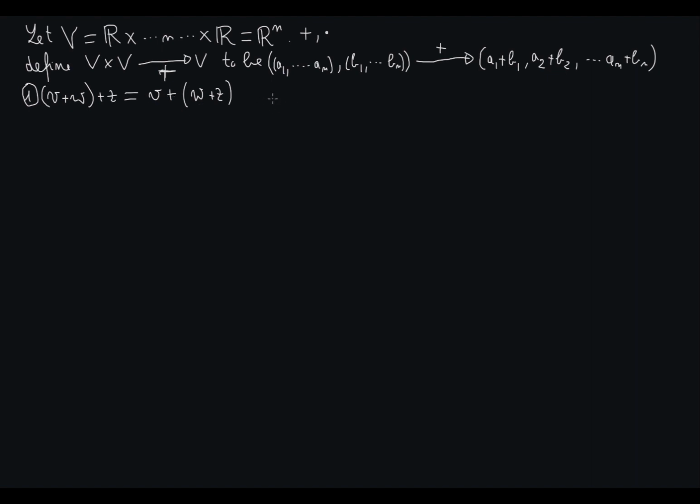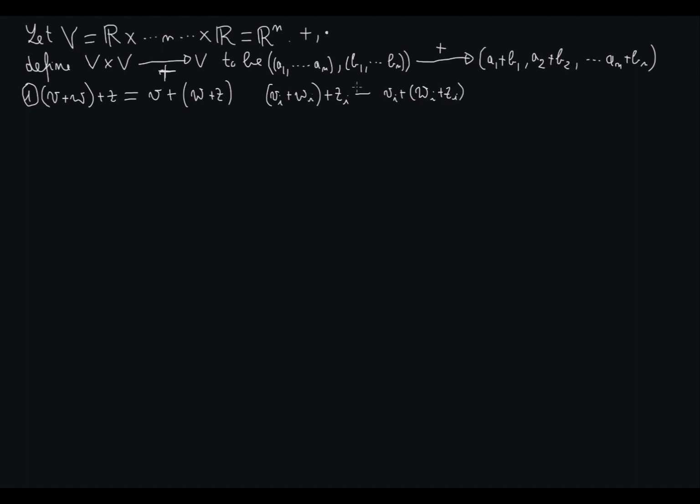So let's take the ith coefficient of these two n-tuples. On the left hand side we will have vi plus wi, and the result summed with zi. So we are going to ask whether this is equal to the ith coefficient in this n-tuple, which is vi summed with wi plus zi.